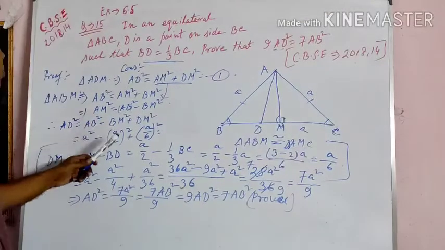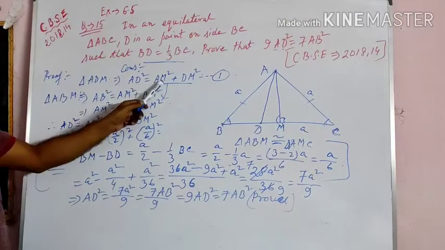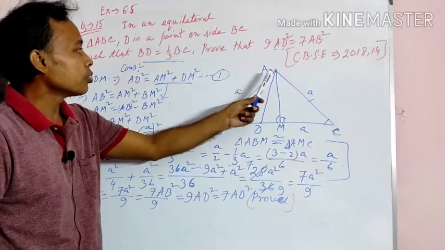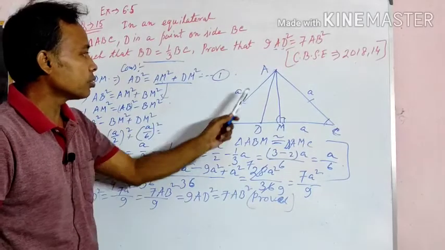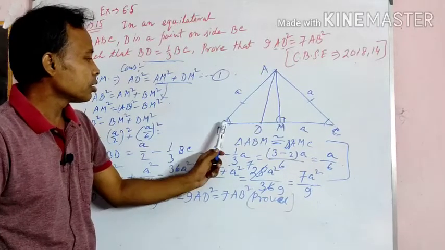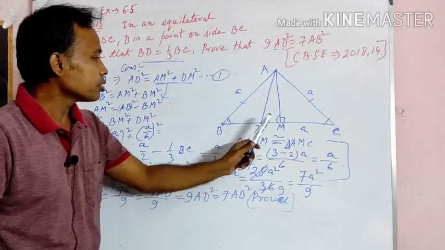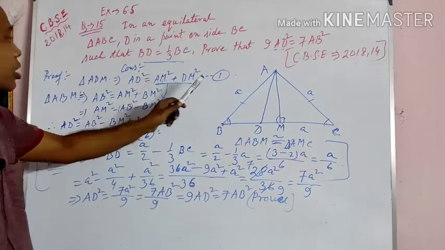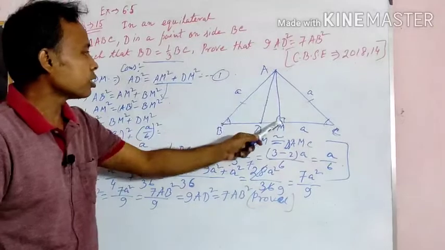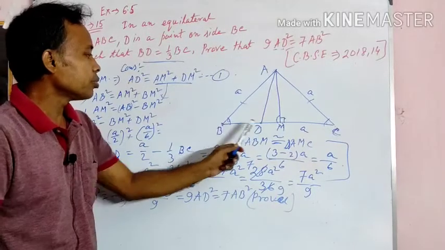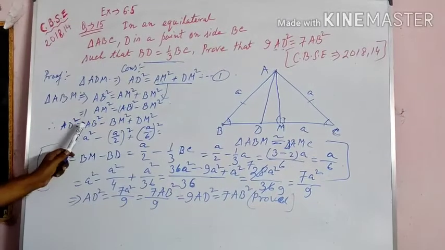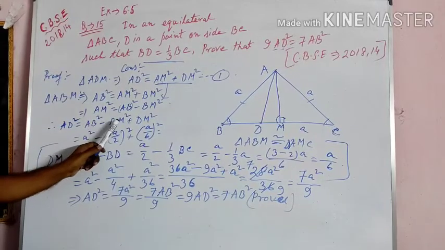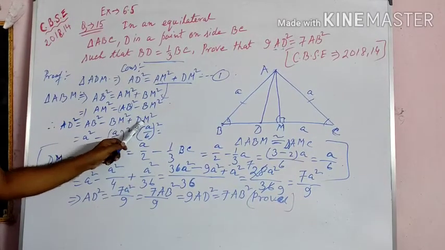So AM square is equal to AB square minus BM square, plus DM square.